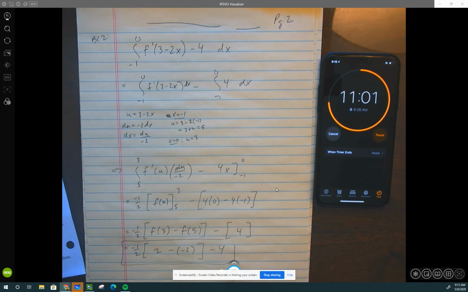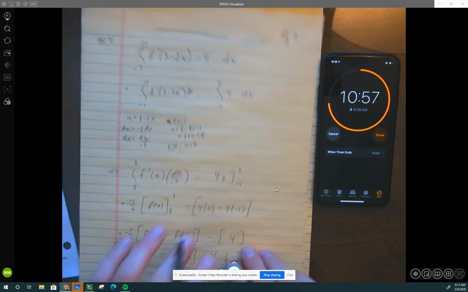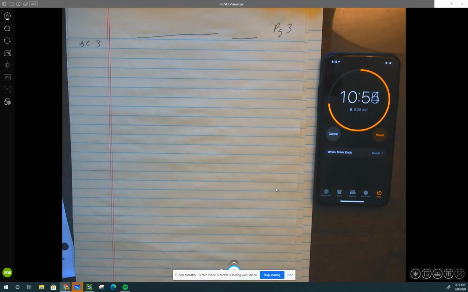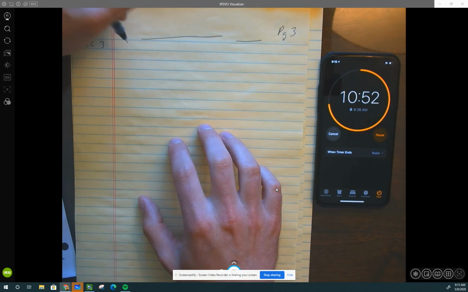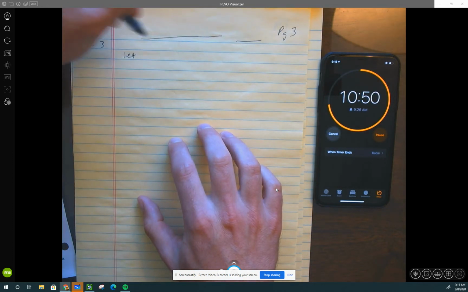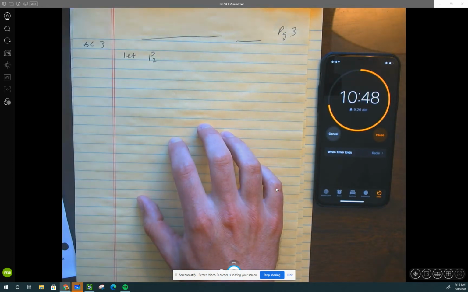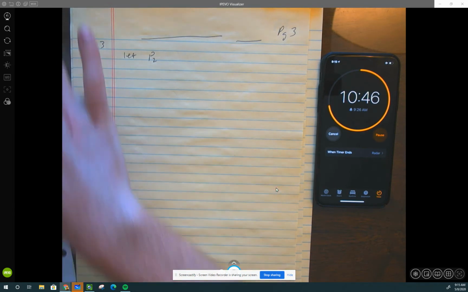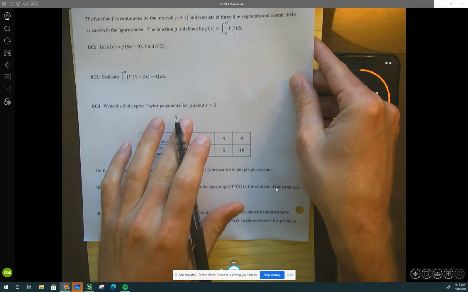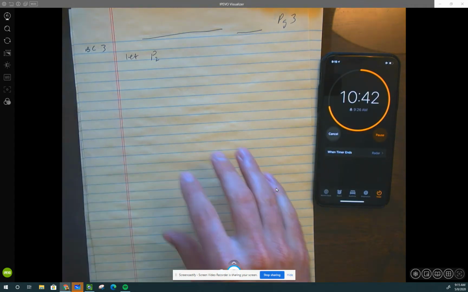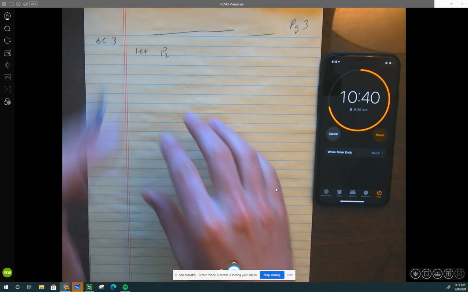Good stuff. Maybe you messed up here and called this 0. It's looking for a second degree Taylor polynomial about x equal 2. Well, I want to just set up that structure first.